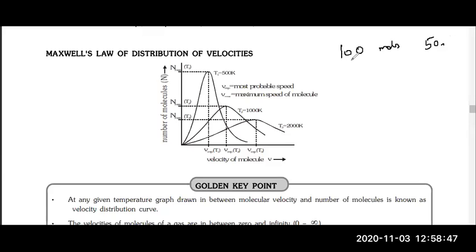In this, the highest fraction of molecules will have the most probable speed. And we know that V most probable is less than V average, which is less than V RMS. I hope all of you know this already, from these expressions.